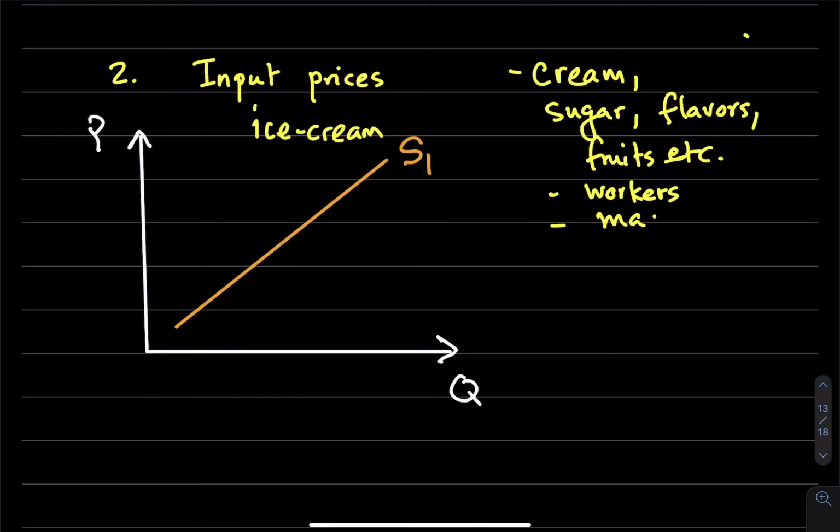So we may also have ice cream making machines, and all of this is basically required to produce ice creams.